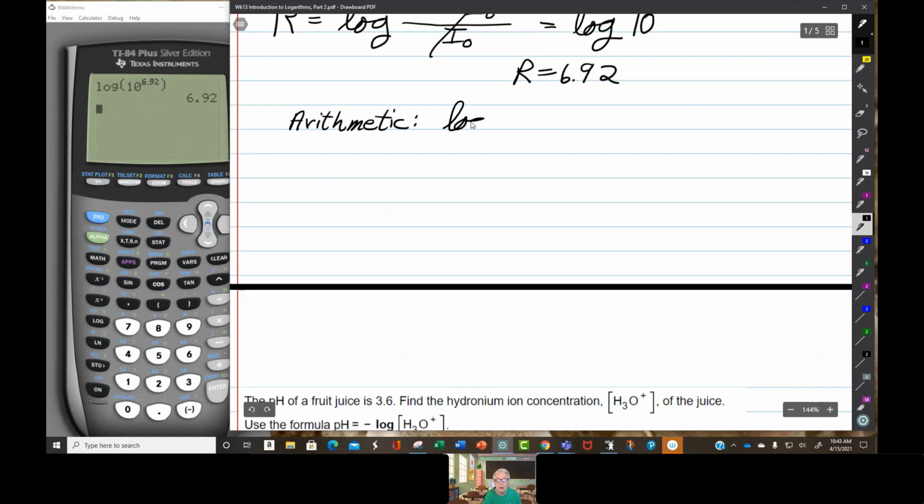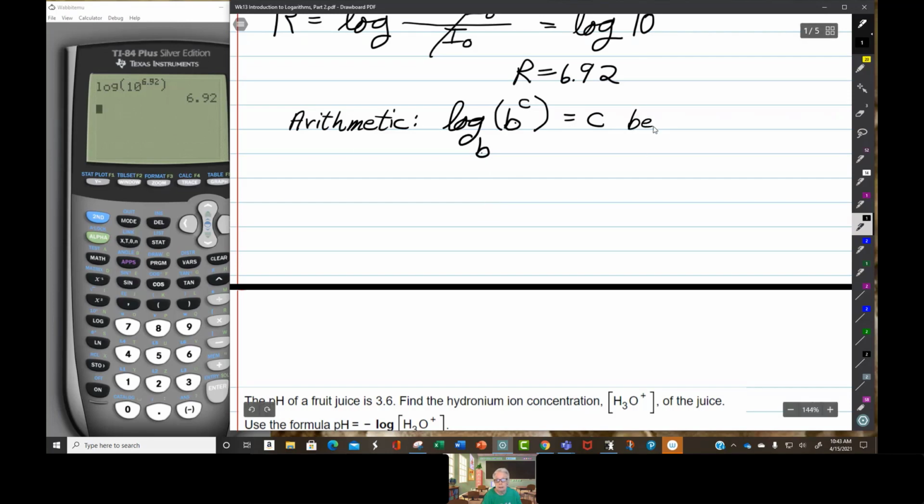If you have a log to a base, and your argument is the same number raised to any power, let's call it C, then the answer is C.